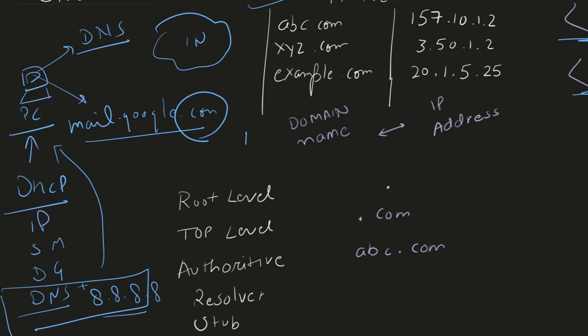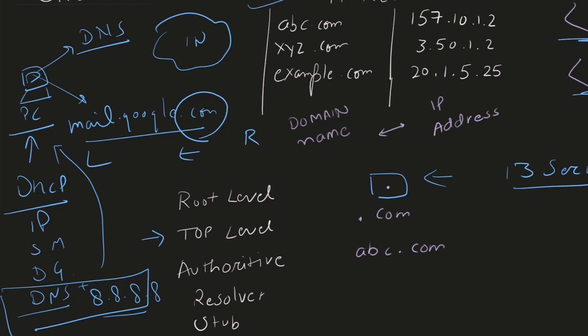It will really go from right to left. .com is a top level domain. So first it will go to the root level, which is 13 DNS servers around the world. These are highly scalable and highly secure, and there are 13 root level servers on the internet, represented by a simple dot.